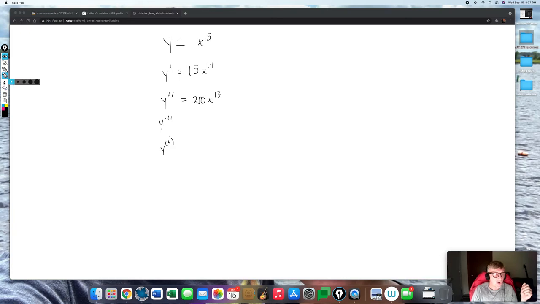Okay. Why is this important in the practical sense? Well, it's important because let's say that this is a position function, going back to my previous video, right? The first derivative of position would give you instantaneous, not average, but instantaneous velocity.